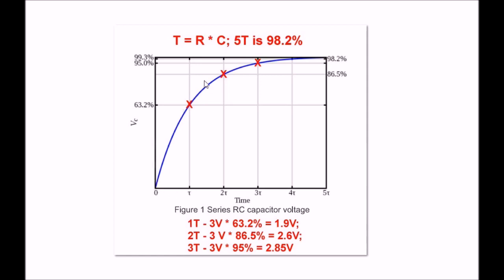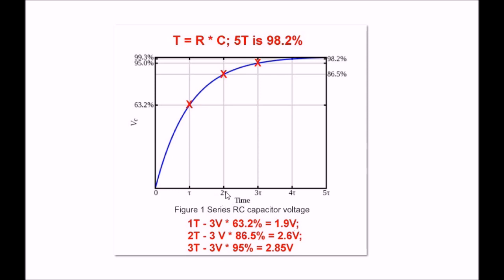For R times C to get to 3 volts, from 0 to 1T, you're going to go to 63.2%. But 63.2% of 3 volts is 1.9 volts.